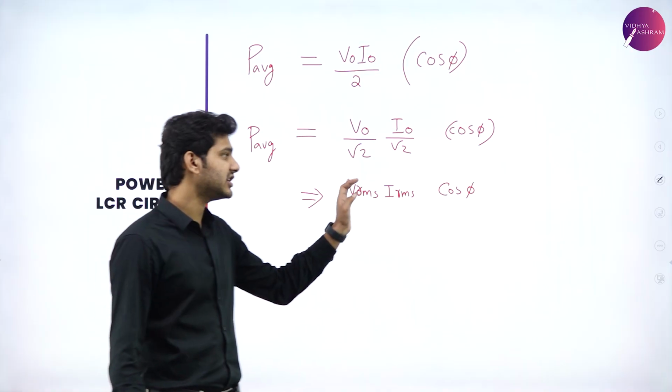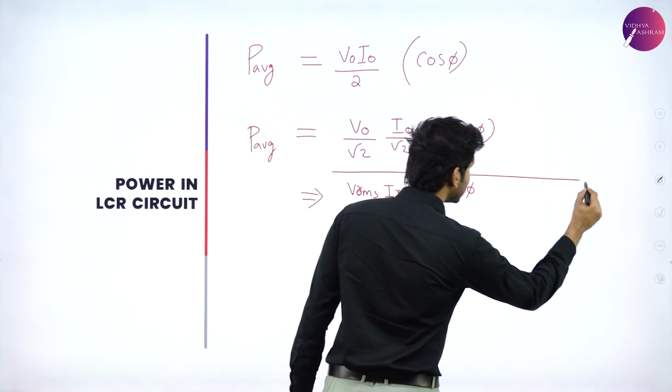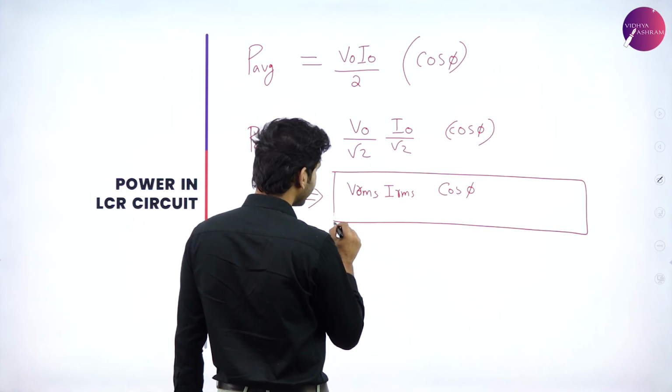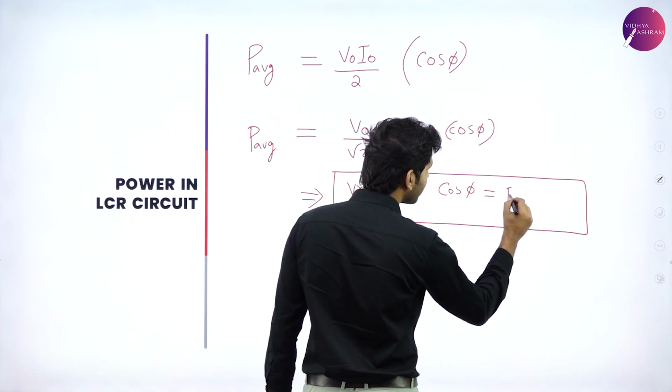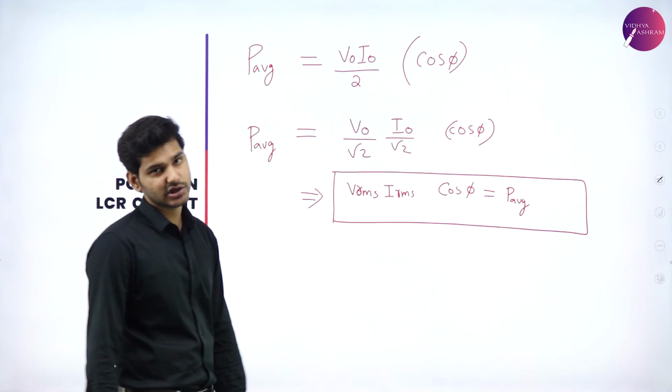So V RMS into I RMS into cos phi will be the final equation you can take to find the average power output in a series LCR circuit.